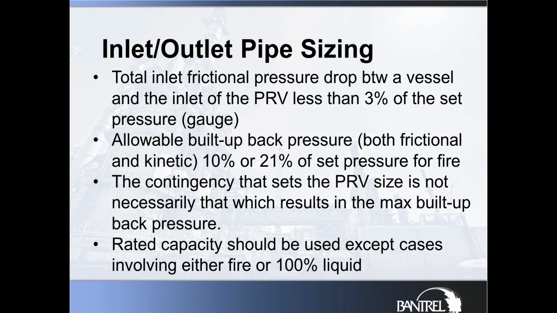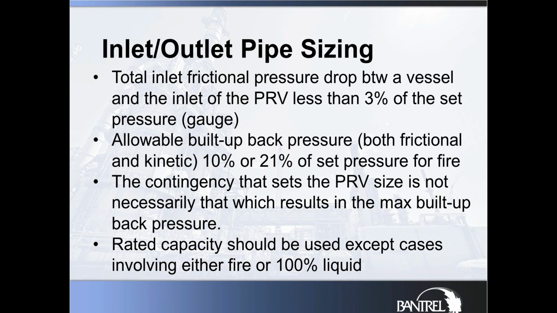At the end, I'd like to add some other information. In addition to sizing the PSV, we also need to size the inlet and outlet pipe. Total inlet frictional pressure drop between a vessel and the inlet of the PRV should be less than 3% of the set pressure in gauge.